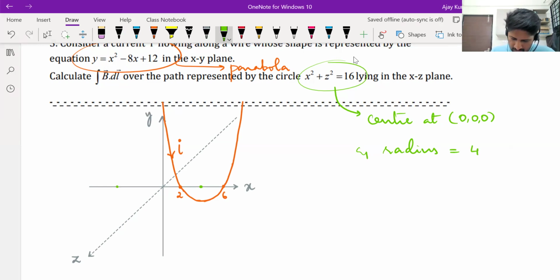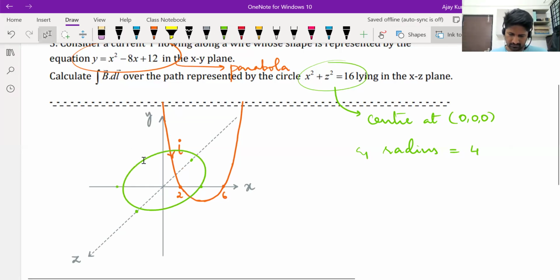So the circle cuts through these points. You can imagine it somewhat like this. We are looking at it from an angle, so it won't appear like a proper circle. If you look at it properly from the y-axis, it will appear like a circle, but we are looking at it from an angle, as I said.